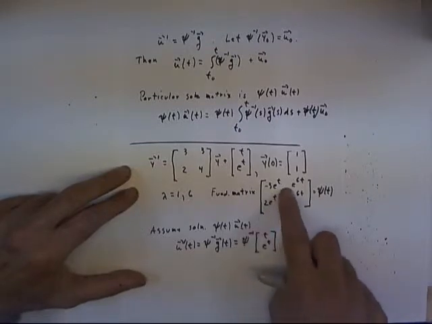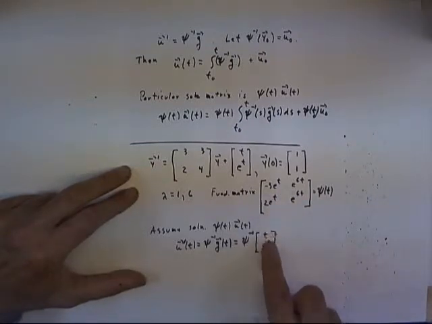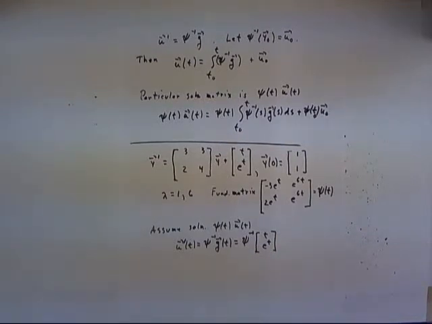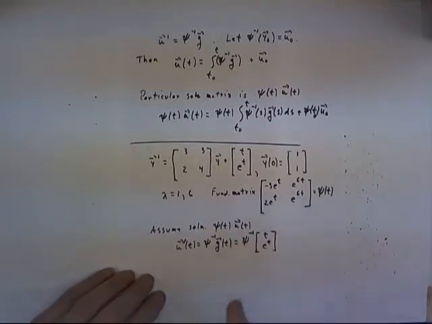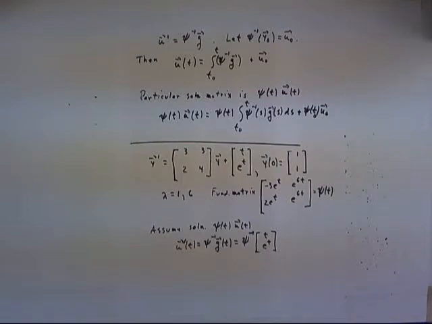All we have to do is invert this matrix and multiply it by this vector. Having done so, that's going to give us the u of t vector, and we're going to just multiply that by the psi matrix. That takes a little bit of manipulation, and we have to be careful about our constants and write things down carefully, but this is not particularly difficult. Of course, it's always a challenge to remember the steps and why you're taking them.